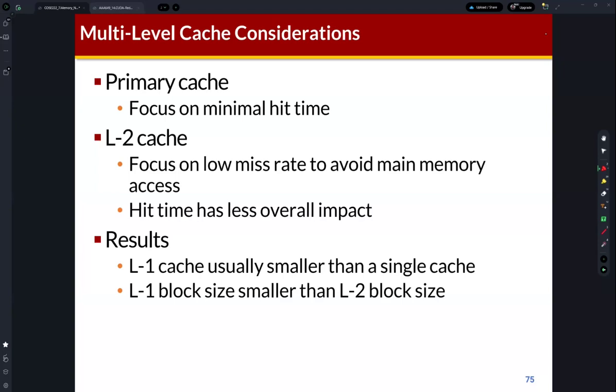The L2 caches are larger than the L1 caches, which means that we can reduce the miss rate to the L2 cache, so fewer requests go to main memory, then we can reduce the miss penalty of the level 1 miss, right? Then we can increase the performance.